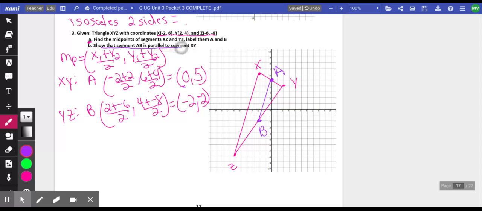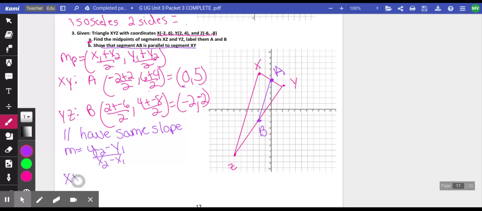Now I want to show that AB is parallel to XY. What I know about parallel lines is that parallel lines have the same slope. So I want to find the slope of both of these. I'm going to find the slope by doing y2 minus y1 over x2 minus x1. I want to do the slope of XY first. The slope of XY is 6 minus 4 over -2 minus 2, which gives me 2 over -4, which is -1/2.